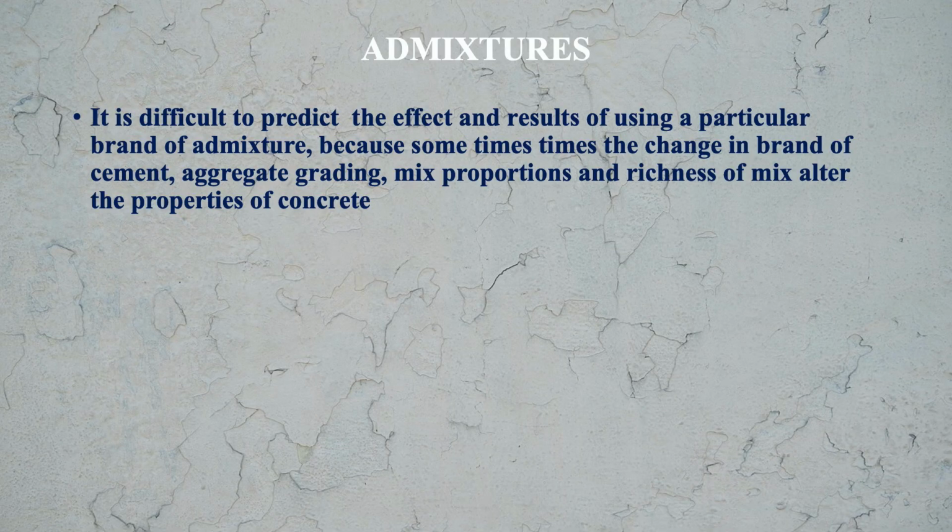It is difficult to predict the effect and results of using a particular brand of admixture because sometimes the changes in brand of cement, aggregate, grading, mix proportions and richness of mix alter the properties of concrete.